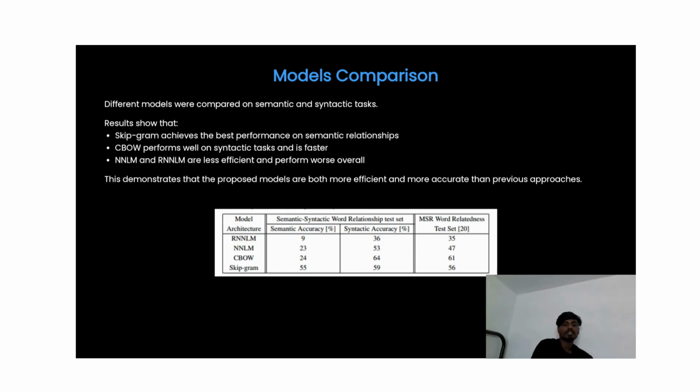The models are trained on very large datasets, about 6 billion words, which shows that large-scale data is important. This table shows that as both data size and vector dimension increase, the performance consistently improves. So overall, better performance comes from more data and higher-dimensional embeddings.